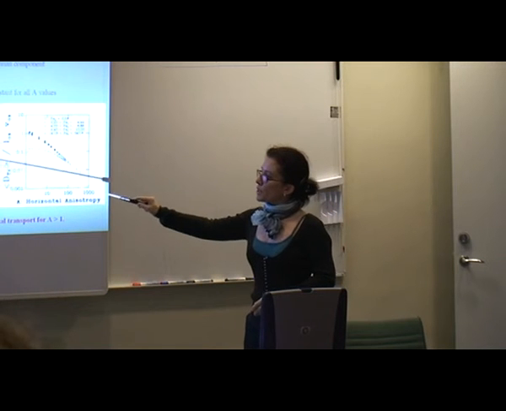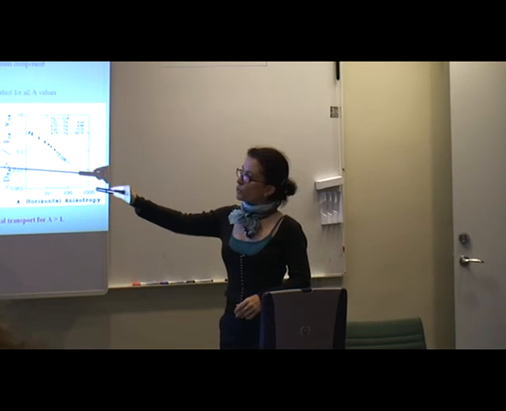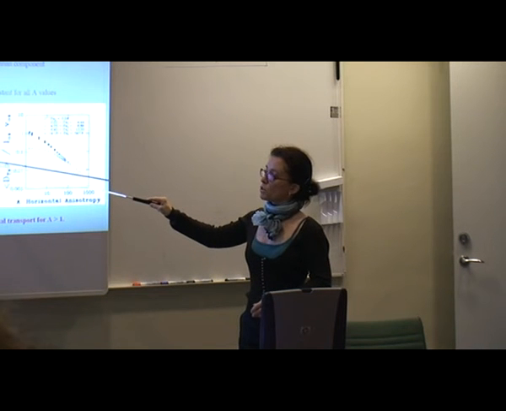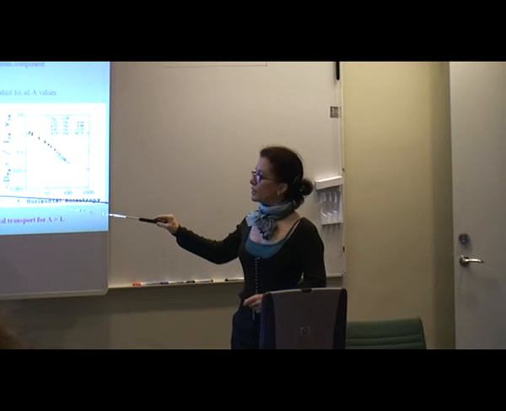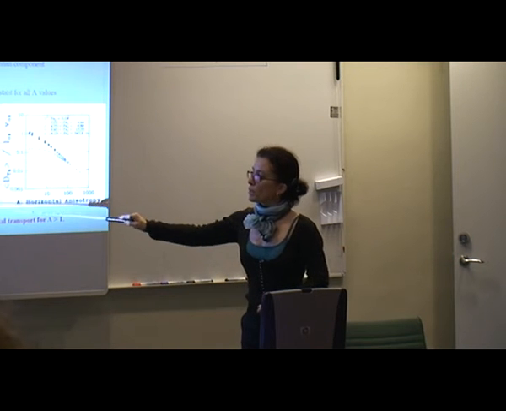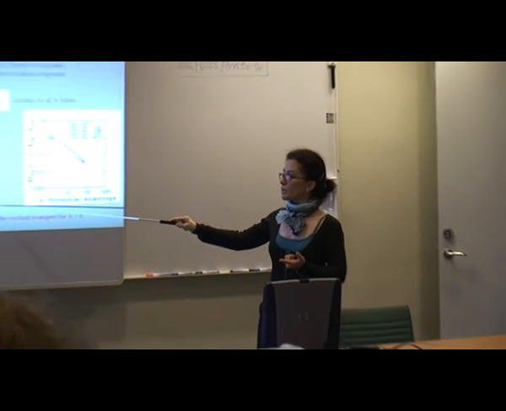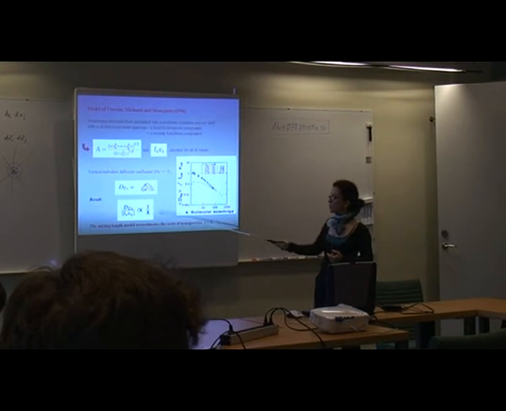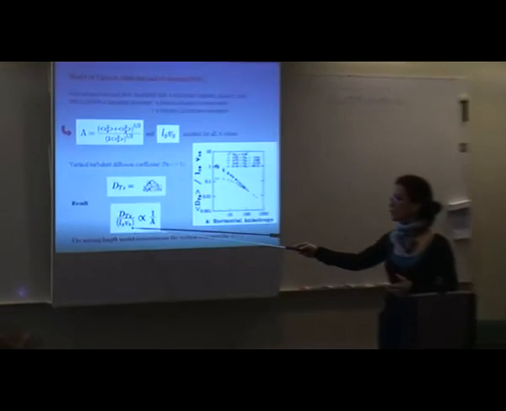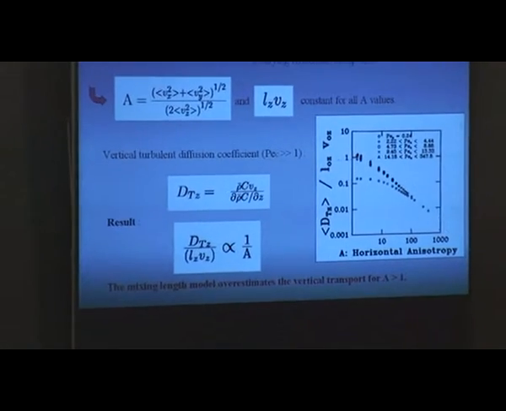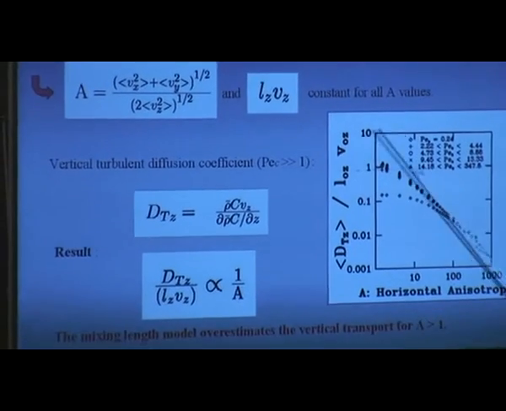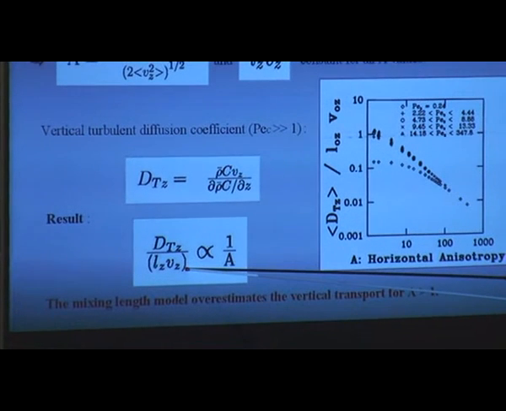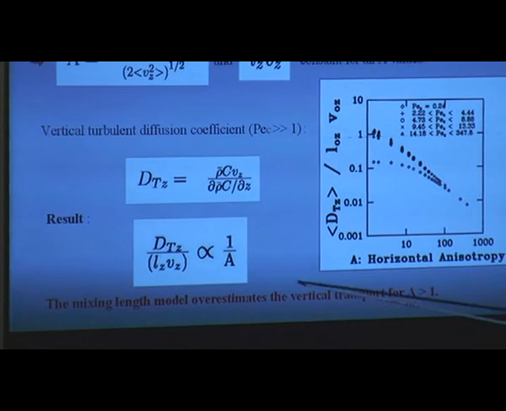But on this time scale, when they calculated the vertical diffusion of a tracer, depending on the anisotropy, they found that the mixing length model, in fact, what I call the mixing length model is the way that the DH is calculated, overestimates the vertical transport.